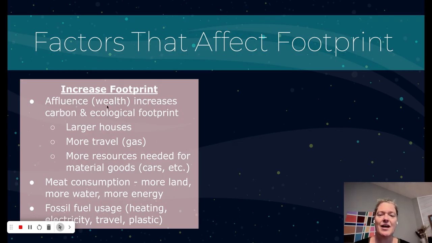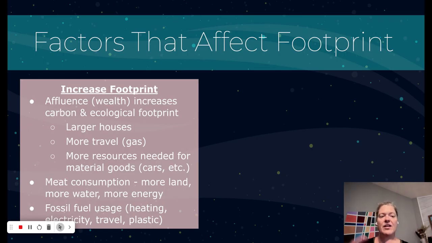So, unfortunately, affluent countries and wealth just really drives up your ecological footprint. As people increase or improve their wealth, they tend to live in larger homes. They tend to drive more expensive cars, larger cars.